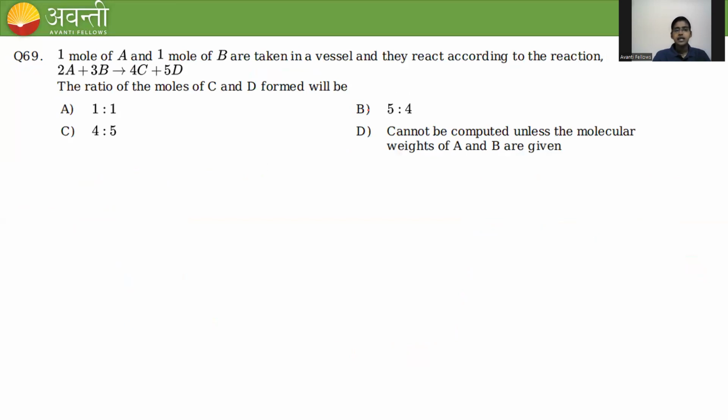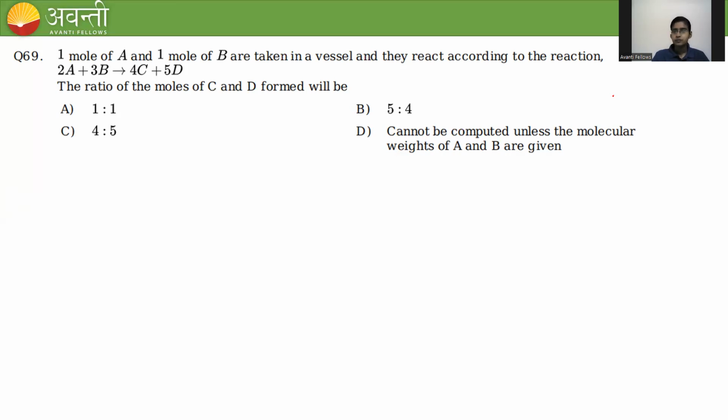Question number 69. 1 mole of A and 1 mole of B are taken in a vessel and they react according to the reaction 2A plus 3B giving 4C plus 5D. The ratio of the moles of C and D formed will be. So here, for both A and B, 1 mole is taken.